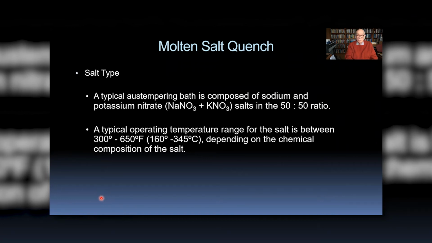So our molten salts will typically run at 475, 500, even 550 degrees, all the way up to 650. So we pick our salt temperature, not only depending on the salt, but also depending on the temperature that we want to hold the bath at.